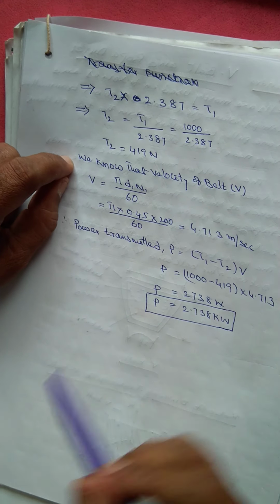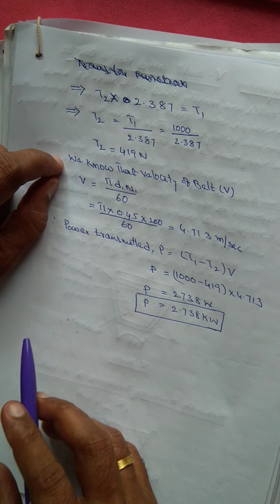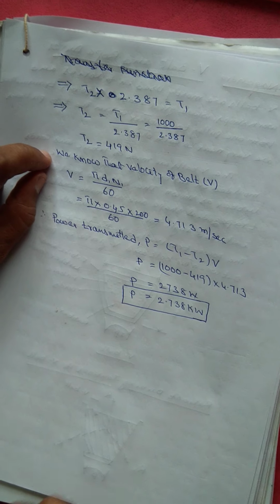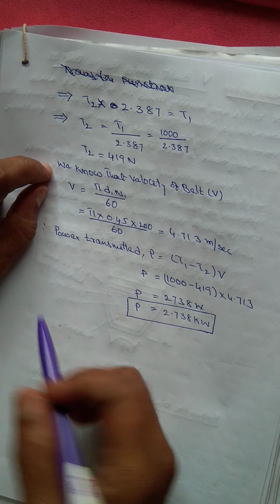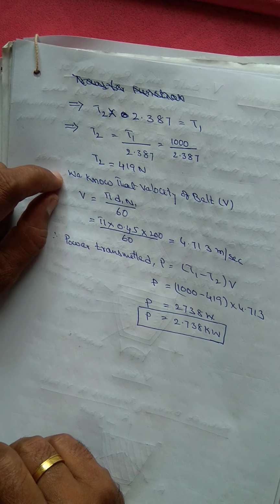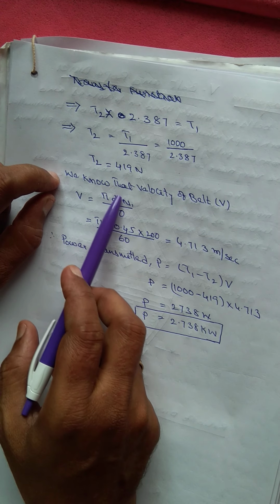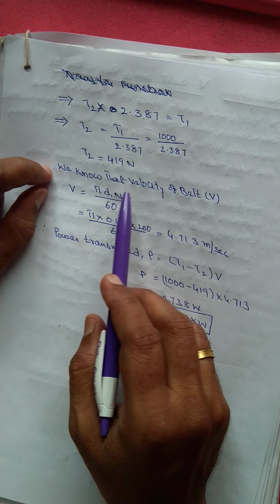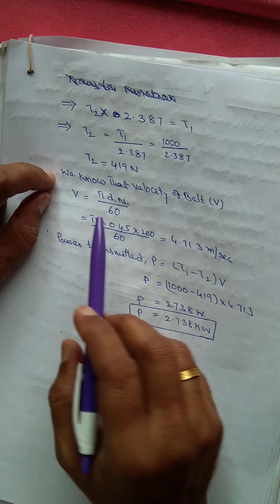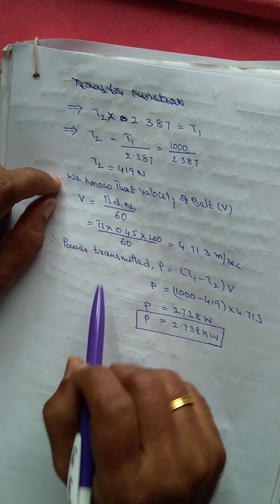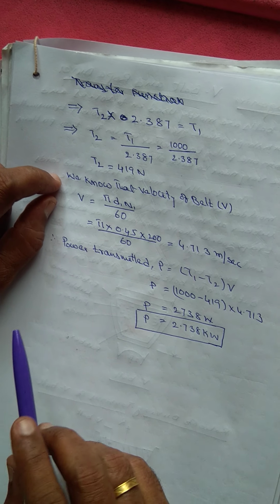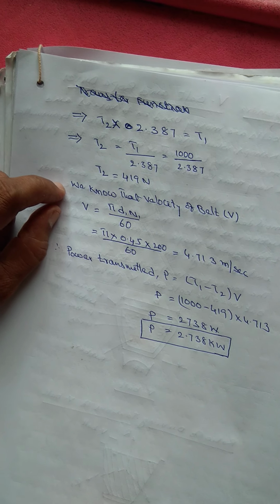Now I know the velocity. The problem asks us to find the power transmitted. The velocity of the belt is pi d1 n1 divided by 60. We have to always take the driving pulley speed here, that we have to remember.